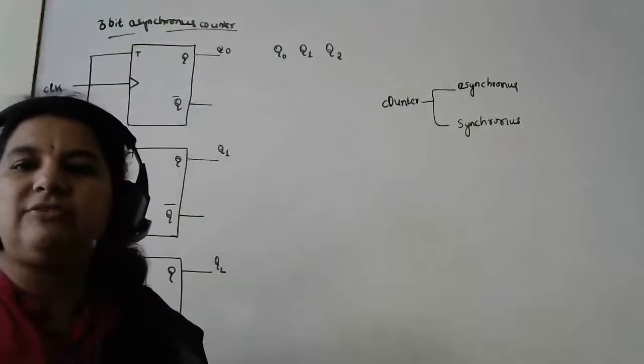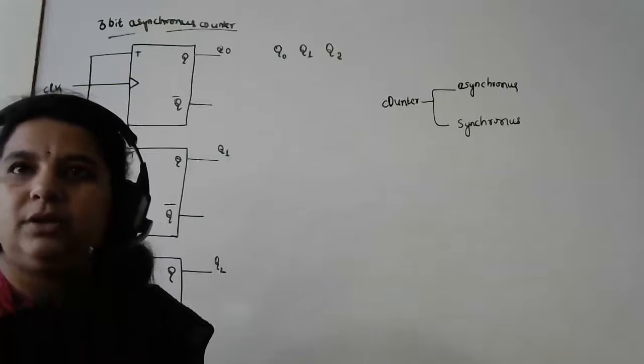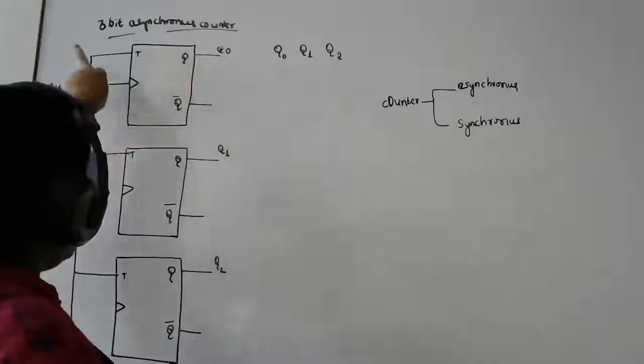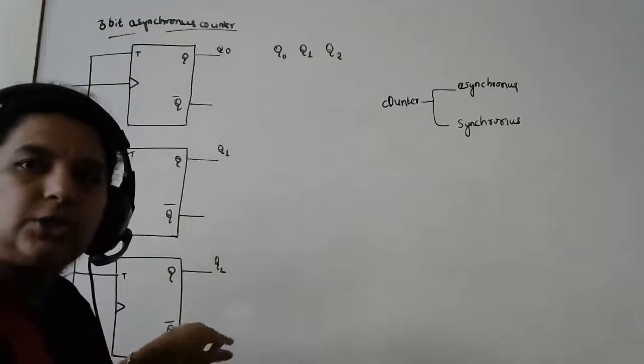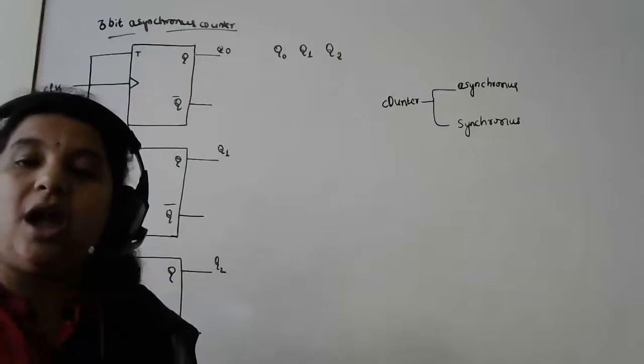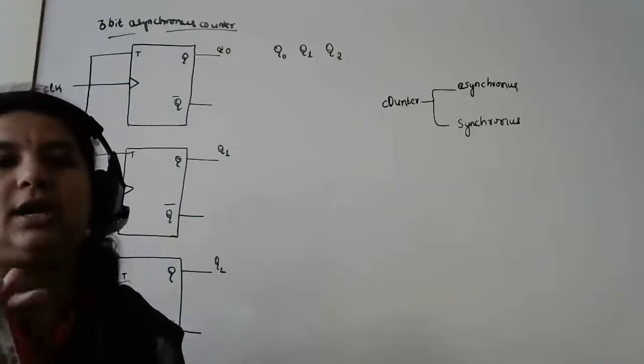It's 2 to the power of 3, so 8 unique states as an output, correct? All 3 bits, 3 registers together, make one counter. I call this a 3-bit asynchronous counter, correct?